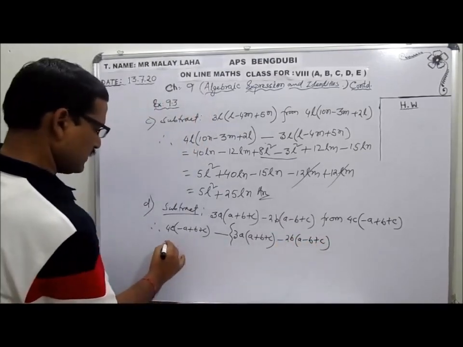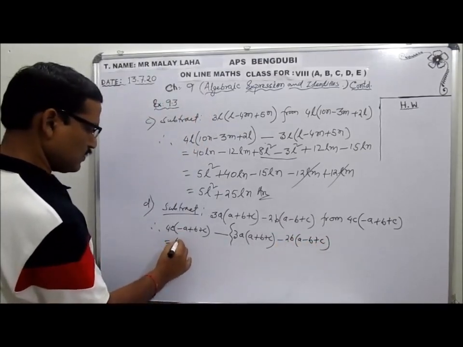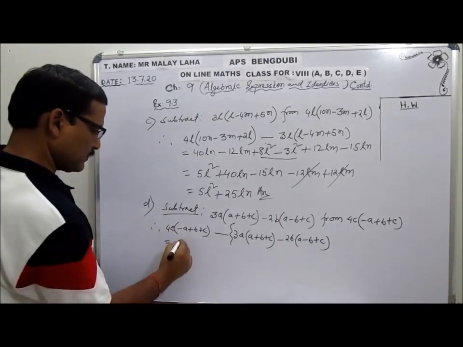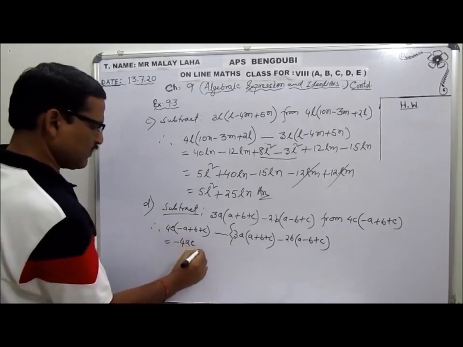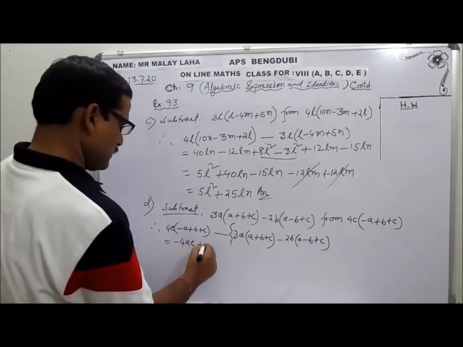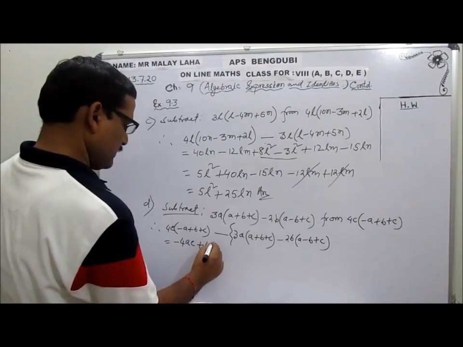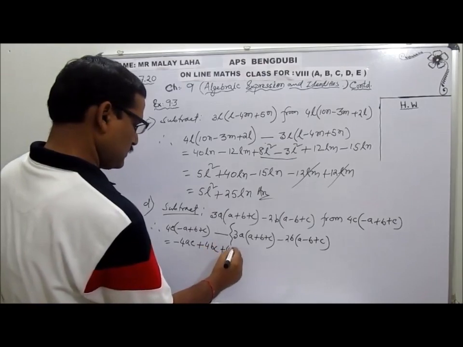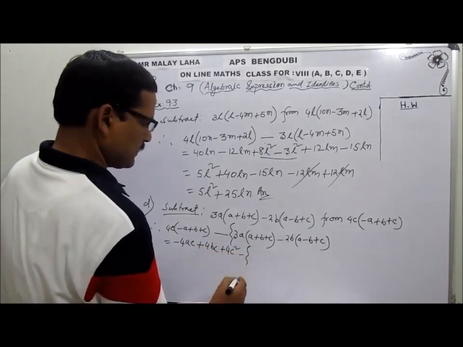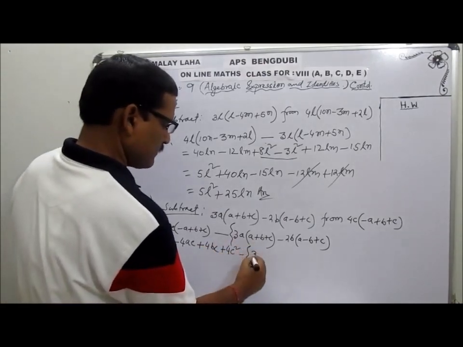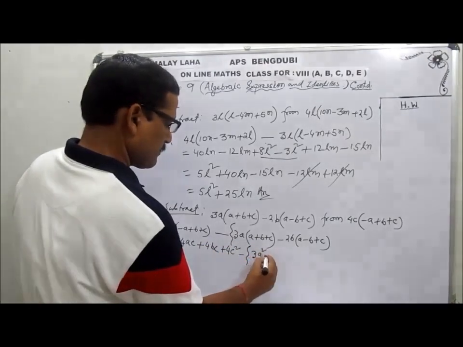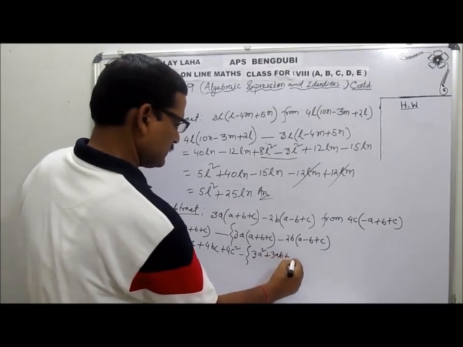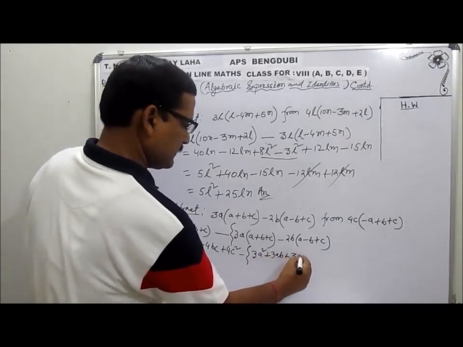Simplify. What is the result here? 4c into minus a is minus 4ac, minus 4ac (ca and ac have the same meaning), plus 4bc, plus 4c², minus, second bracket, 3a² plus 3ab plus 3ac.